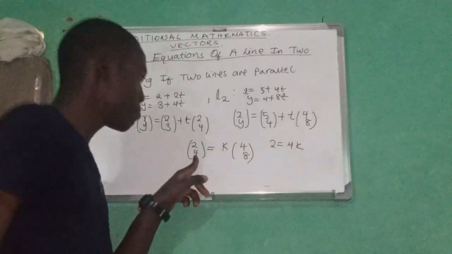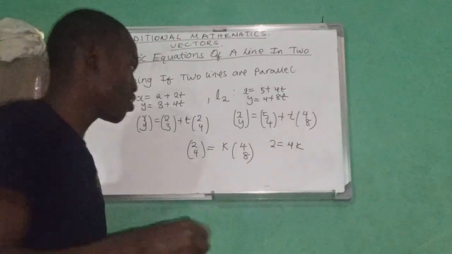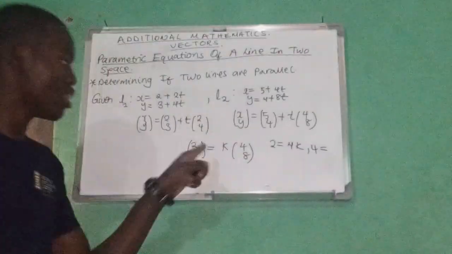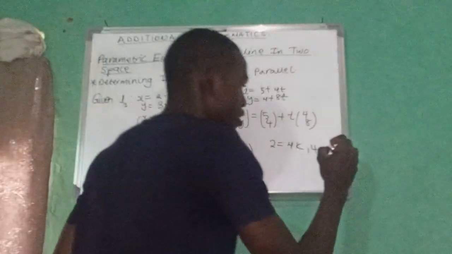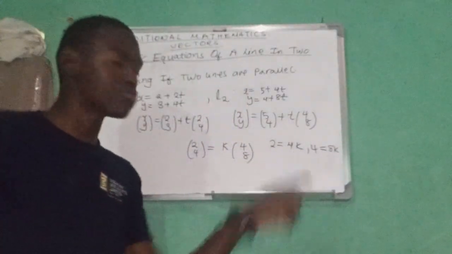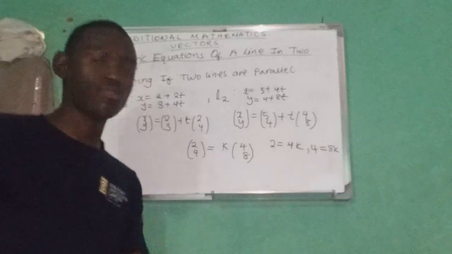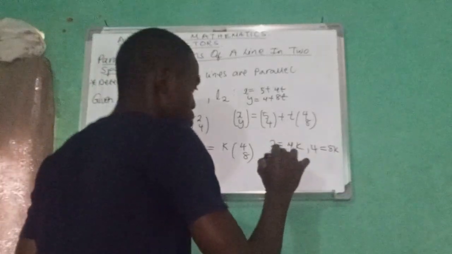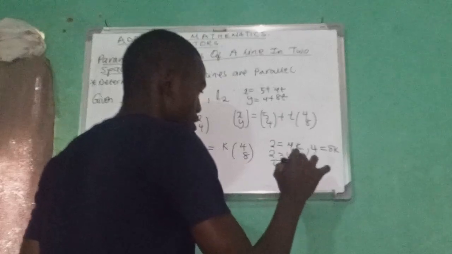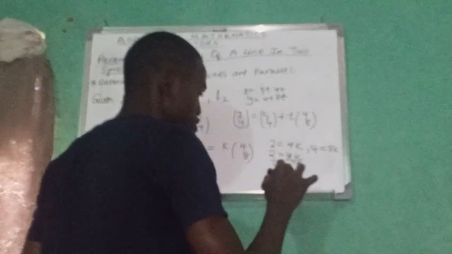And then here we have a 4. 4 is equal to k times 8, 8k. So we have 2 is equal to 4k and 4 is equal to 8k. So 2 is equal to 4k, we divide both sides by 4. k is equal to 1/2.